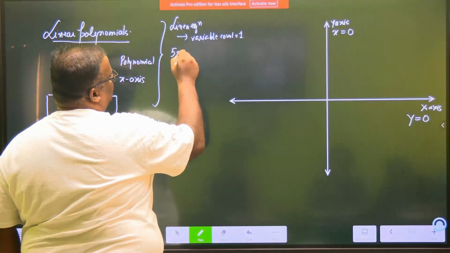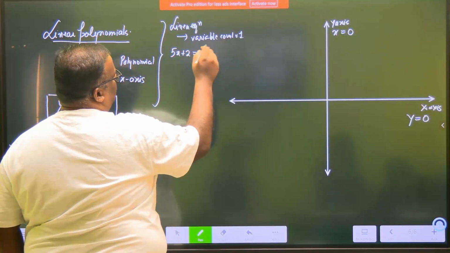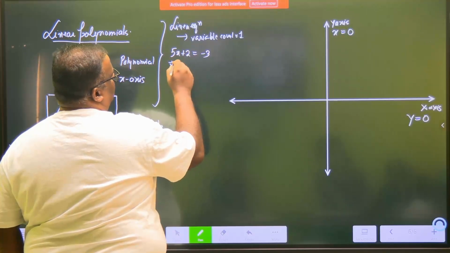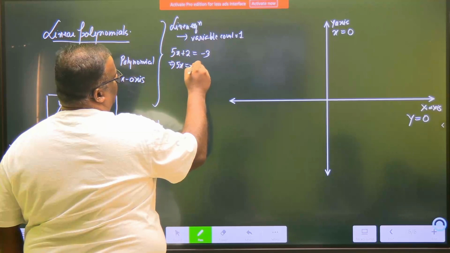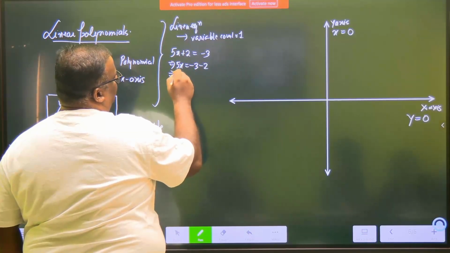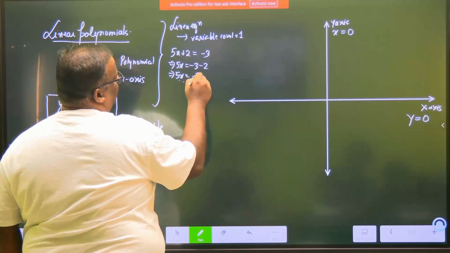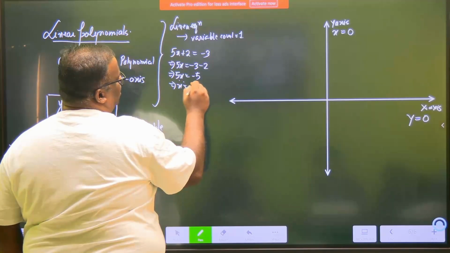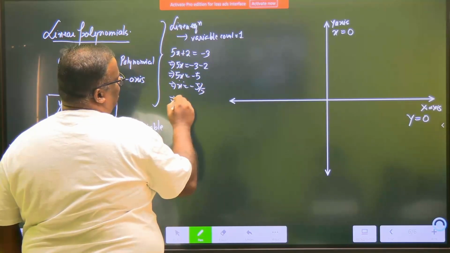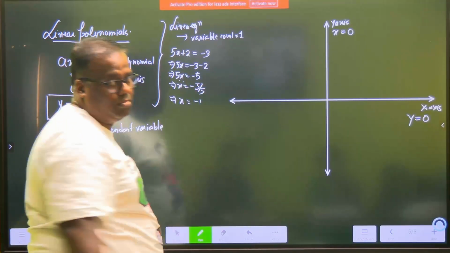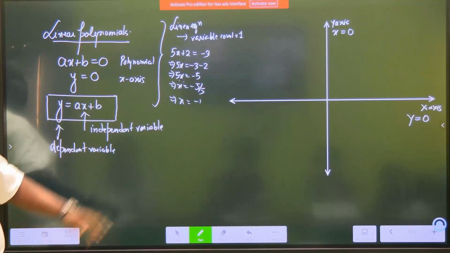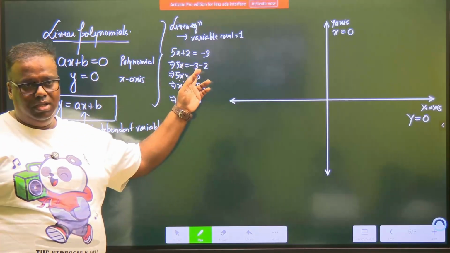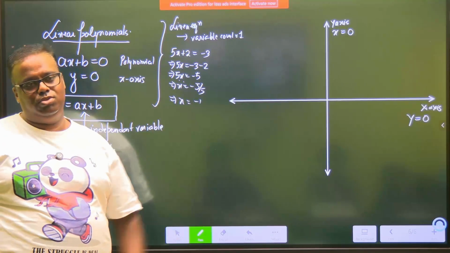Say 5x plus 2 is equal to negative 3. So how do you solve it? 5x is equal to negative 3 minus 2, or 5x is equal to negative 5, or x is equal to negative 5 by 5, or x is equal to negative 1. If you have one variable, you need only one equation to solve it.